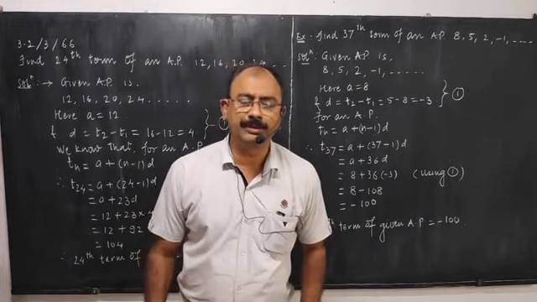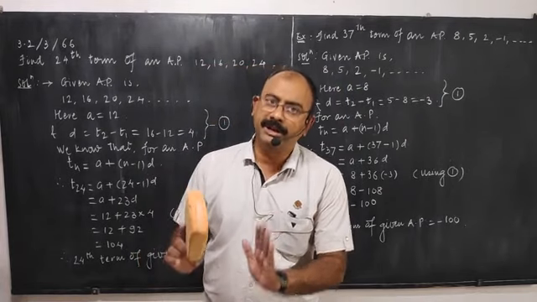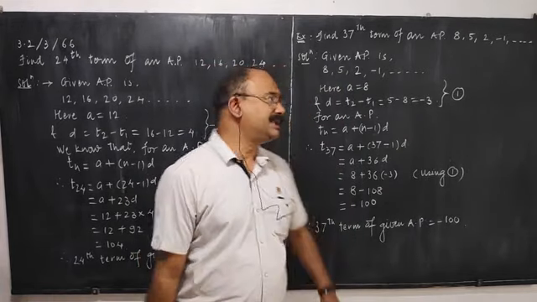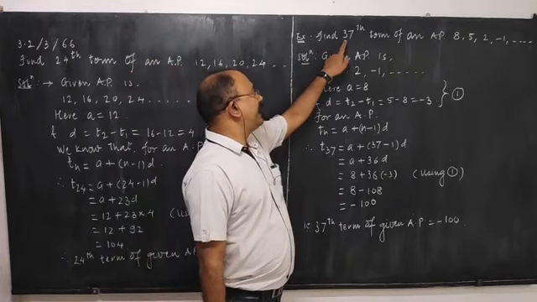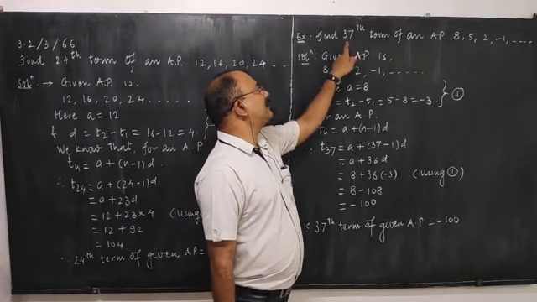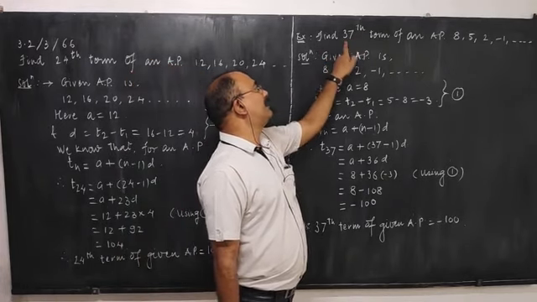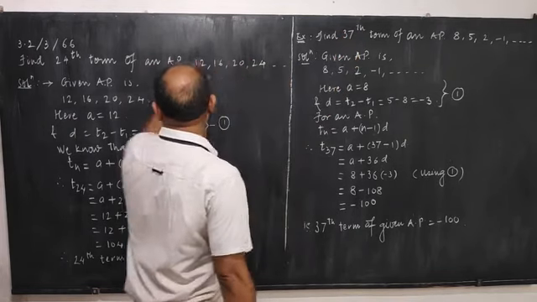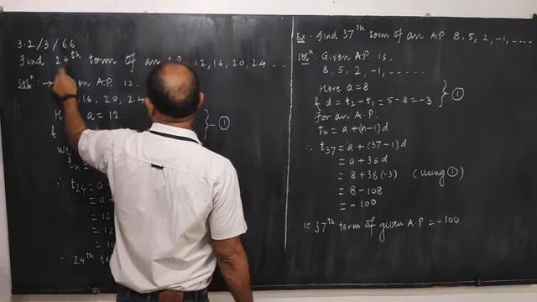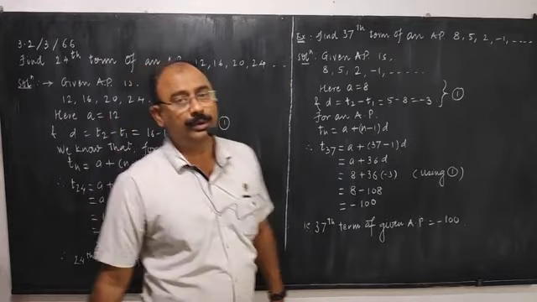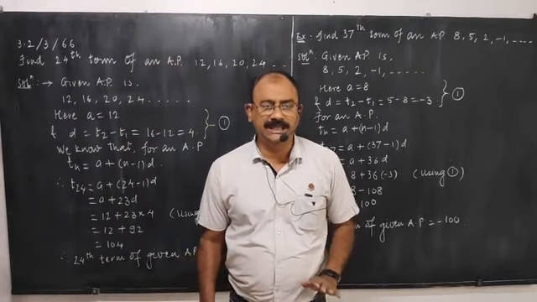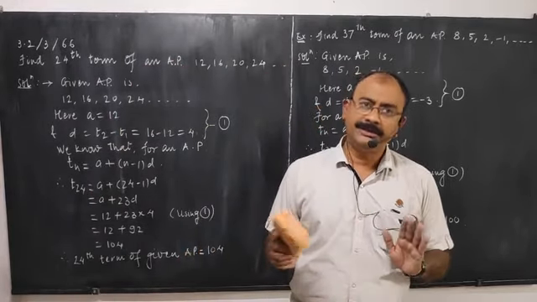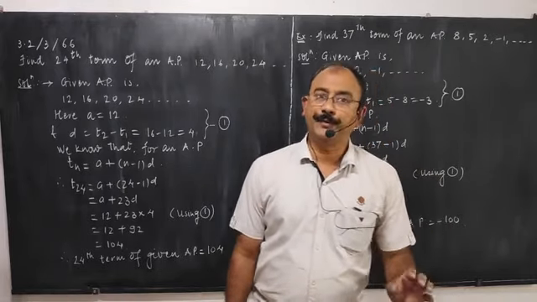So it is so simple to calculate the term when the term number is given. When you are told to find the 37th term, this is the term number, that is the value of n. Here it was the 24th term, that means n is equal to 24. So it is easy to calculate the terms from the term number.